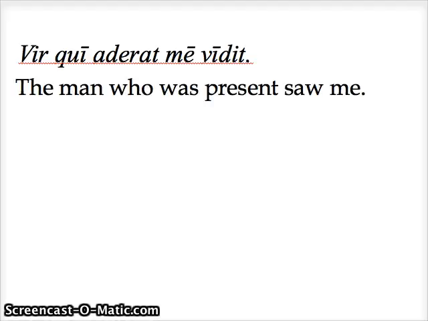The man who was present saw me. Again, we have a singular masculine form. Qui agrees with vir in number and gender, but qui here is nominative because it's the subject of aderat. Not because it agrees with vir, which is the subject of vidit, but because qui is the subject of aderat.